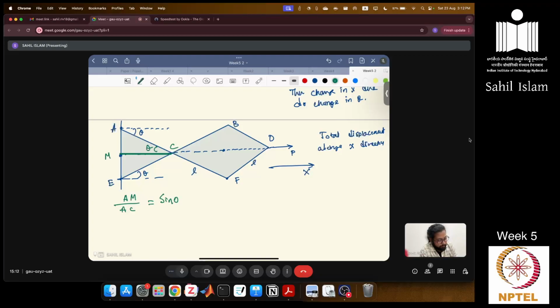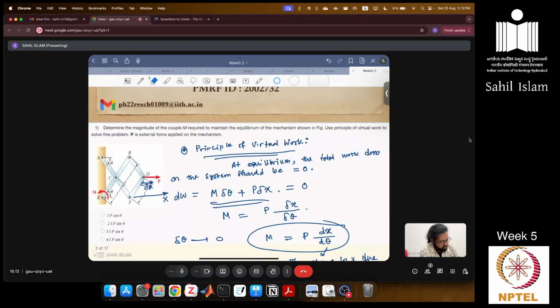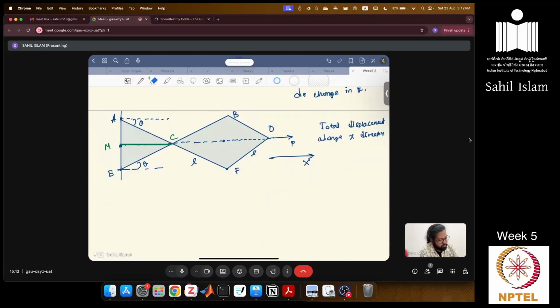Sorry, this is not theta. This is actually theta. So MC by AC. We want to find this length, not AM. So this is basically cos theta. So MC equals AC cos theta, which equals L cos theta. First thing, we found this.